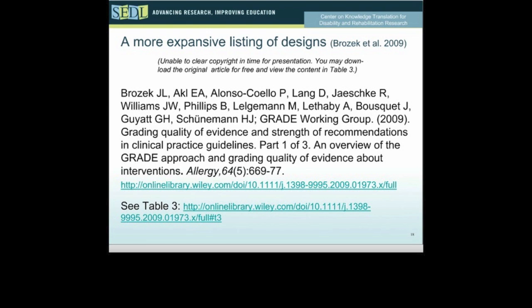So instead of having two starting levels, either high or low, RCT or observational study, Brozek allowed for four starting levels. The highest: RCTs without serious limitation, or well-performed observational studies with very large effects.